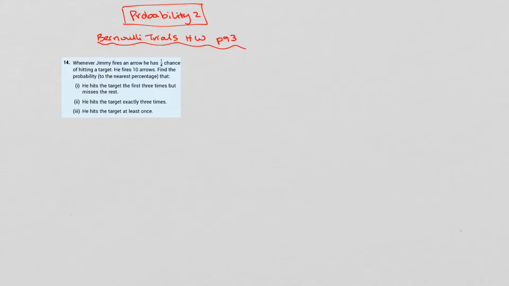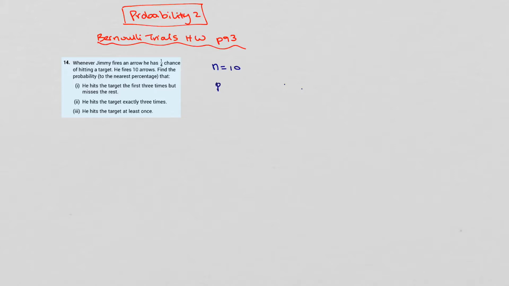The first one was 14, where it says, whenever Jimmy fires an arrow, he has a quarter chance of hitting a target. So the success is that he hits the target. We're told he fires 10 arrows, so our number of trials is 10.